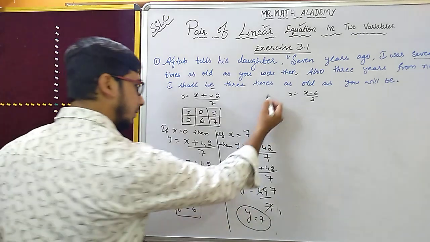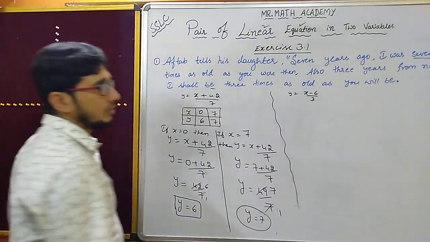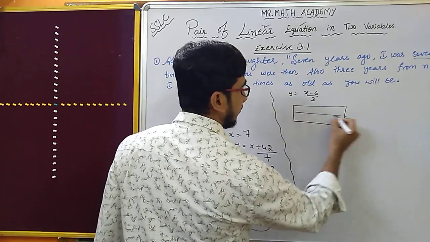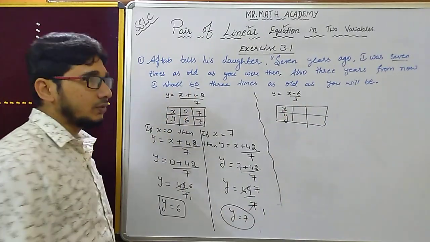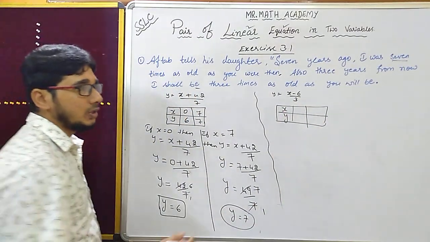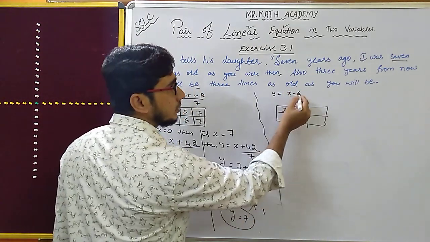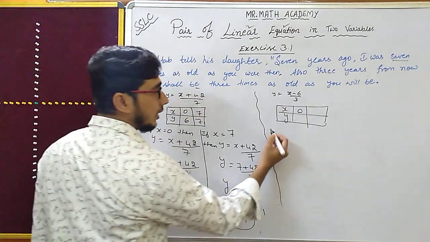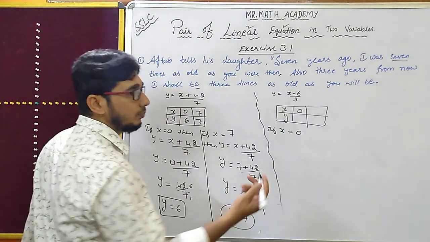Let us go for that equation. Take a box with x and y. Whichever values you want, you can take, no problem. Usually I'll take 0 first, because 6 is divisible by 3, so we can get the answer. So I'll write here, if x is equal to 0, then what will happen in the equation?